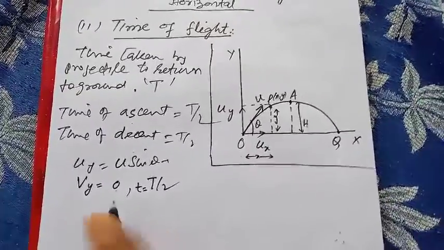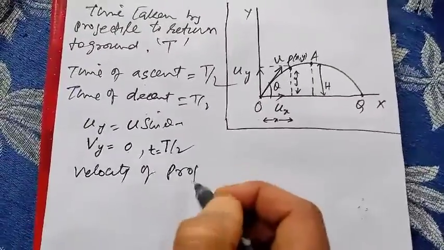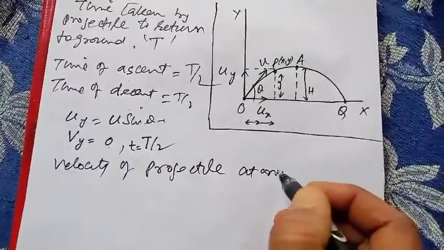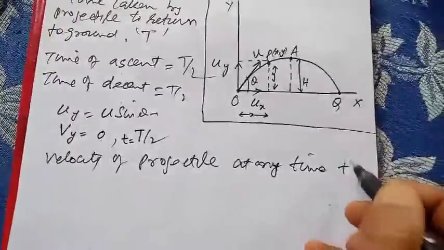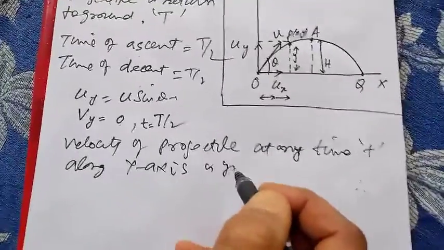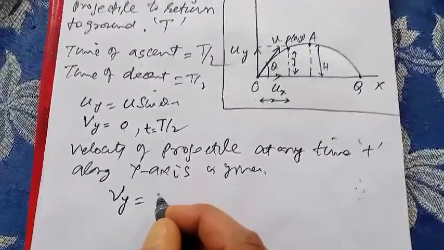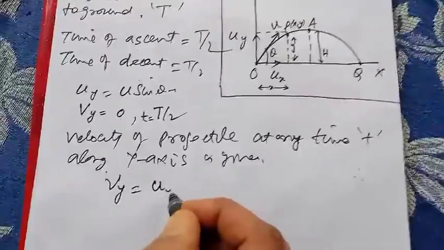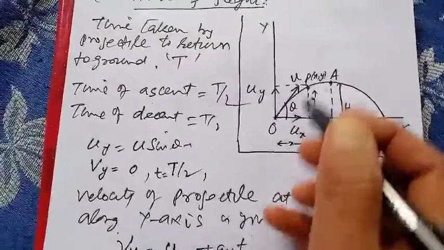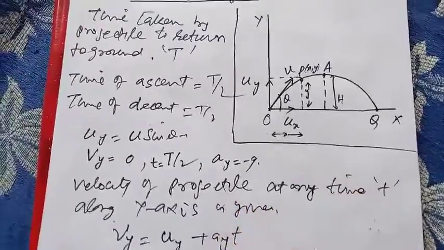Now we will use the velocity of the projectile at any instant, at any time t, along the y-axis, which is given by Vy, the final velocity, equal to uy plus ay t. Here, since the projectile is moving opposite to gravity, ay is equal to minus g.